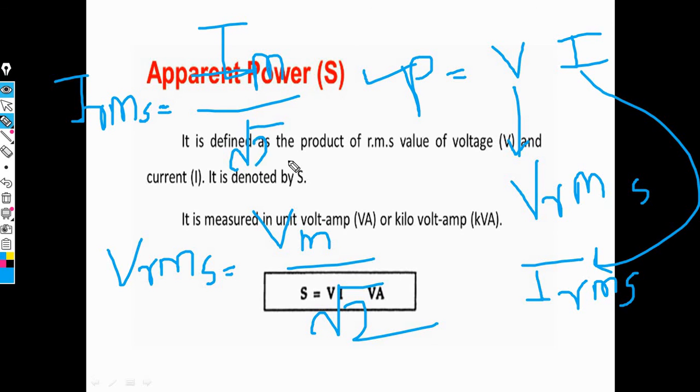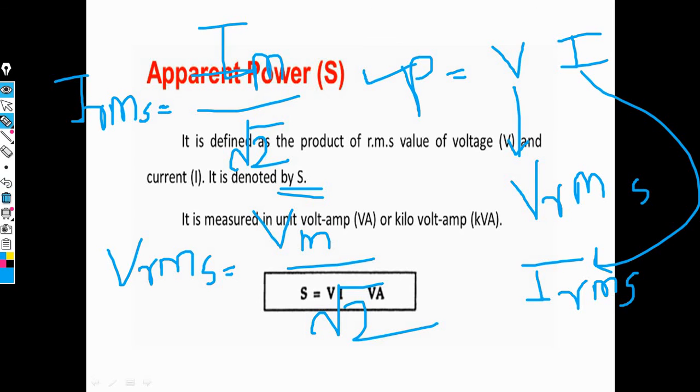That means each and every element in power, that is voltage and current, depends on the RMS value of voltage and the RMS value of current. Apparent power's symbol is capital S.